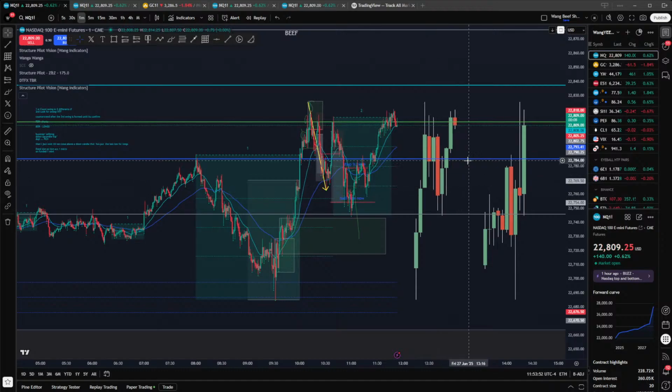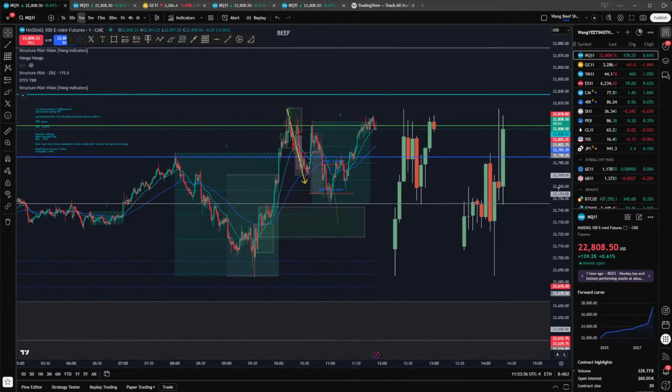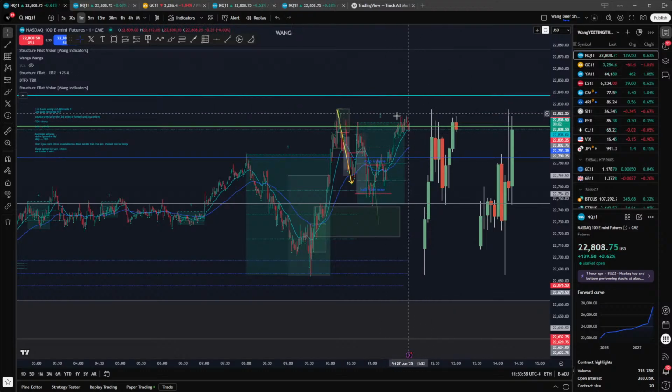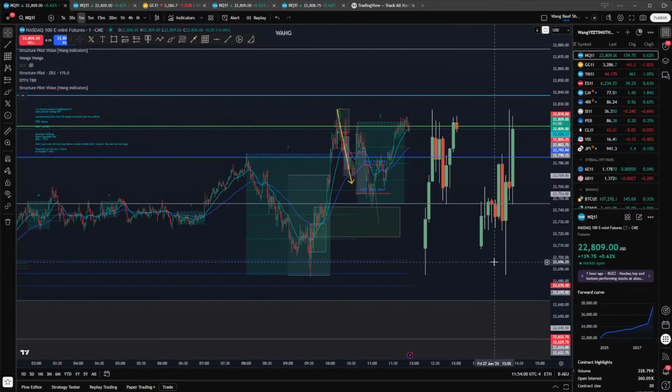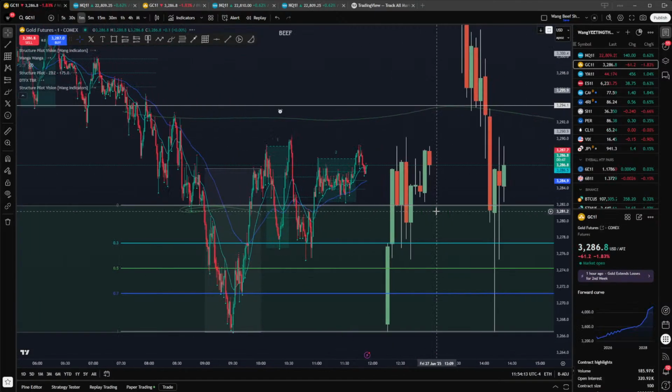What is up with price here? Let me get out of NQ. I'm not involved in NQ. Why am I watching NQ? Alright, I'm involved in gold right now.